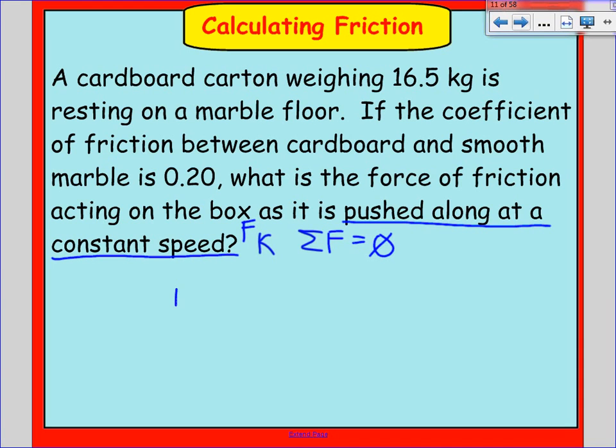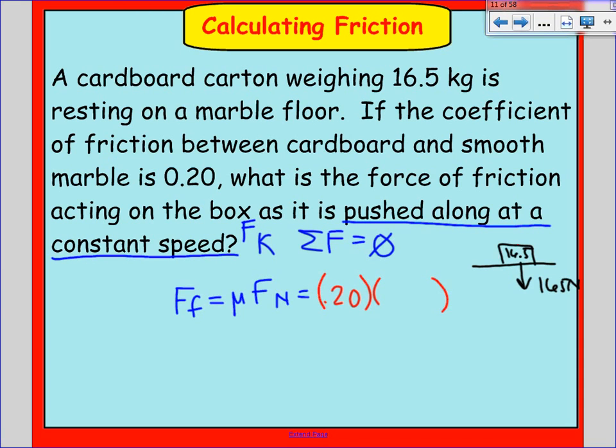If I want to solve for force friction, I need to know two things: what's the mu, and what is the force normal? Well, the mu the problem gives me is 0.20. Now, the force normal, I need to figure that out. If I imagine the situation, I've got a floor and the 16.5 kilogram block resting on it. Gravity is pulling the box down with 165 newtons.